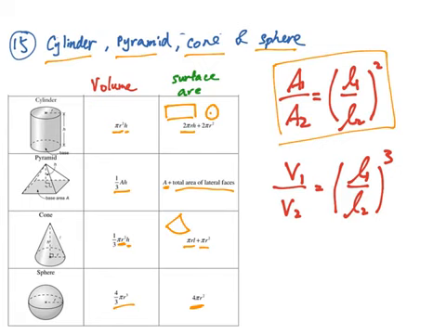The ratio of volume is equal to the length ratio with power 3. If two figures are similar, we can use the ratio to find the volume, area, and the length.